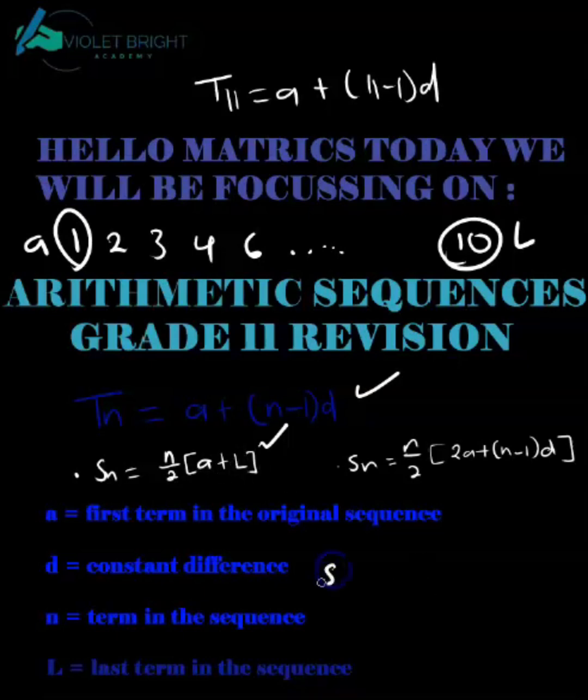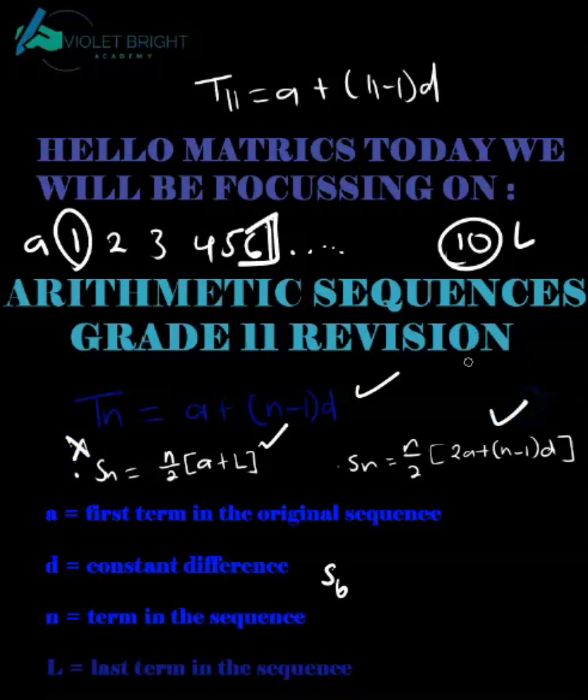If they say find the sum of the first 6 terms, the first 6 terms are 1, 2, 3, 4, 5, and 6. So you know that it's going to be 1 plus 2 plus 3 plus 4 plus 5 plus 6. Here, 6 is not the last term in the sequence, so you cannot use this one. You basically have to use this one.